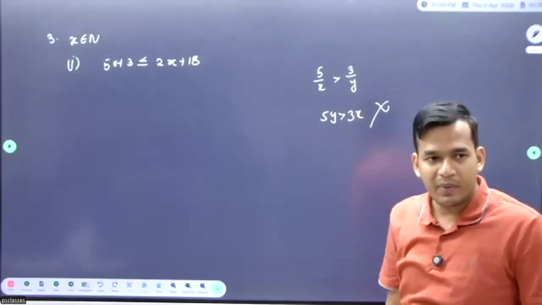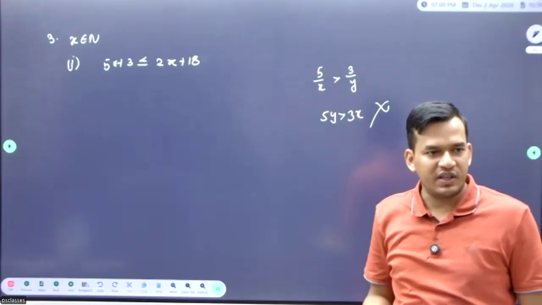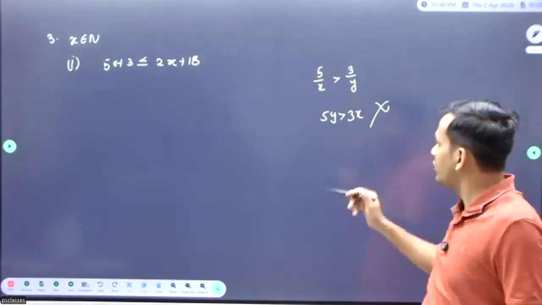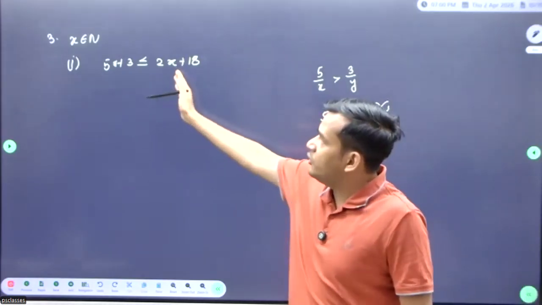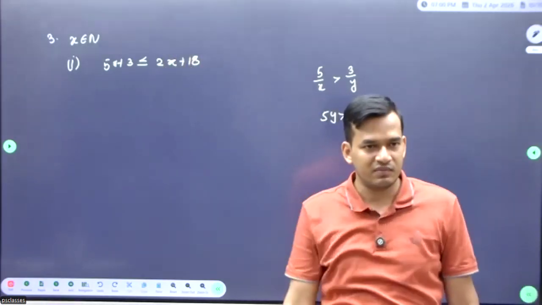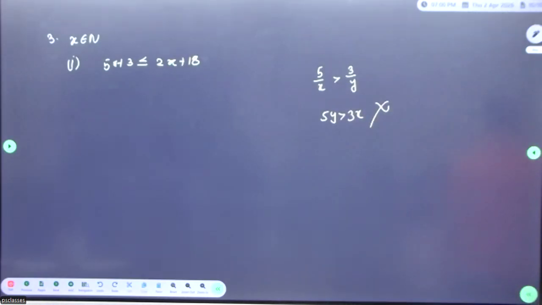This is wrong, because we do not know anything about y and x. Y can be positive or negative, so we cannot cross multiply like this. But we can do that in addition or subtraction. Only if we are sure that these are positive numbers, then we can cross multiply.